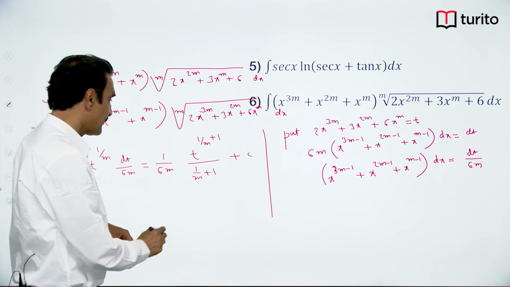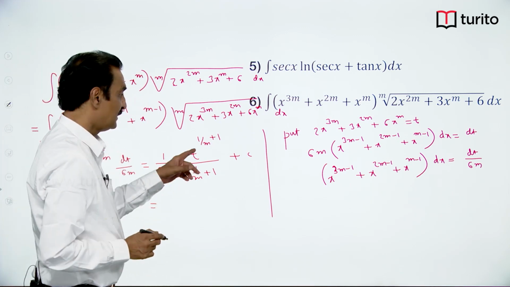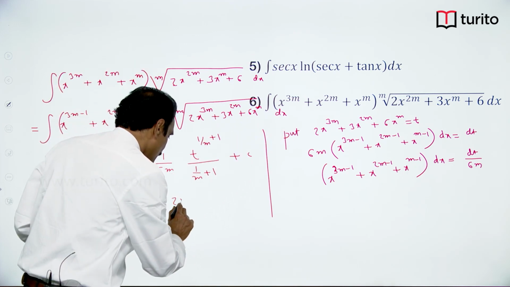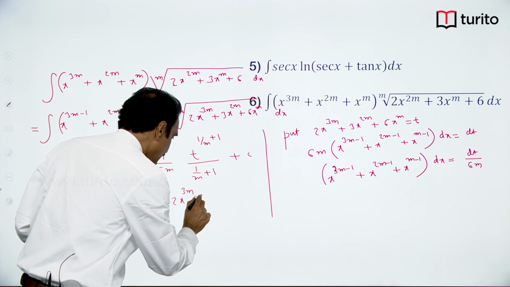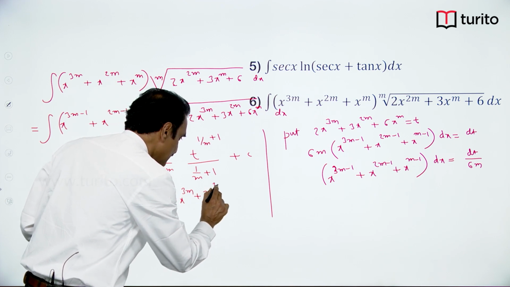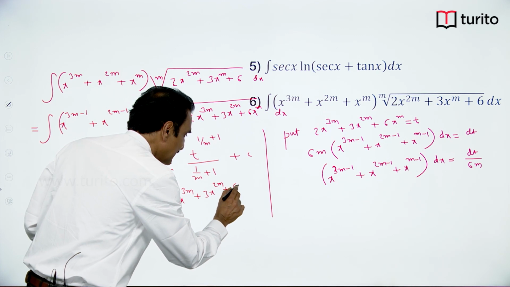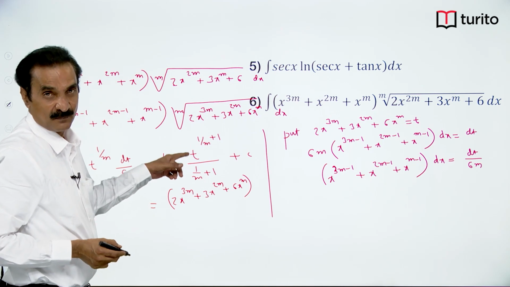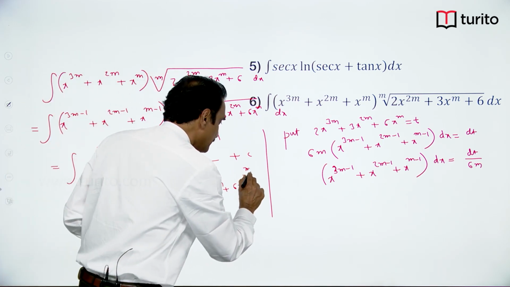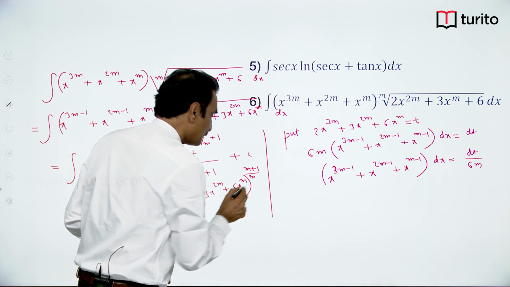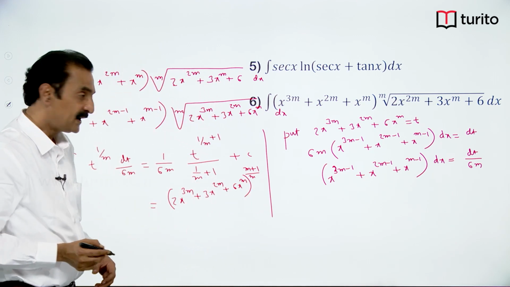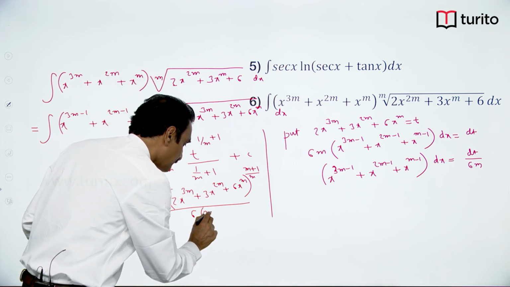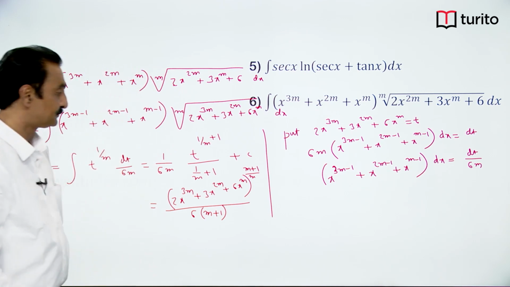Then simplify and also substitute t. t is 2x power 3m plus 3x power 2m plus 6x power m, whole power 1 by m plus 1, which will be m plus 1 by m, divided by 6 into m plus 1.